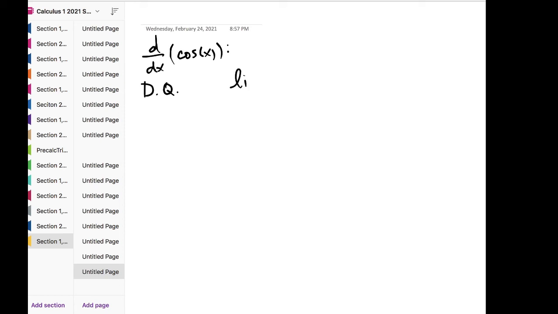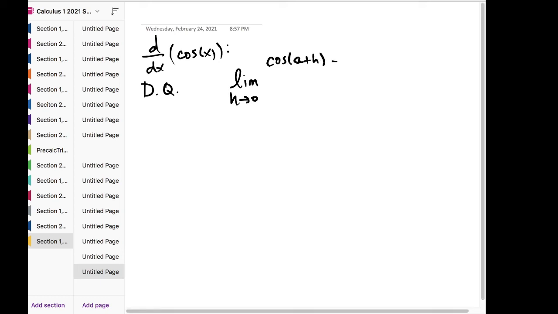So the limit as h goes to 0 of cosine of a plus h minus cosine of a over h. So remember when we did the derivative for sine, we did something similar, right? This is back before we even talked about derivatives, but we had done it. Does anyone remember the sum rule for cosine? Sum angle?